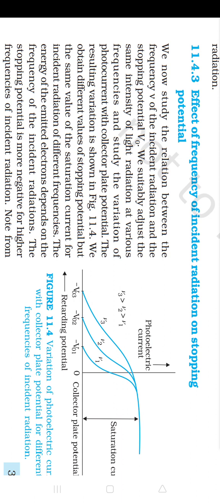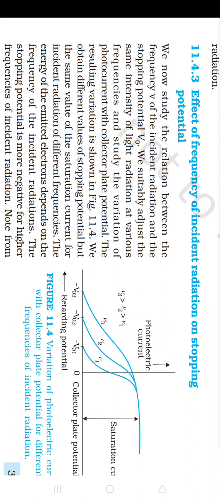11.4.3 Effect of frequency of incident radiation on the stopping potential. We now study the relation between the frequency of the incident radiation and the stopping potential V0. We suitably adjust the same intensity of light radiation at various frequencies and study the variation of photocurrent with collector plate potential. The resulting variation is shown in figure 11.4.